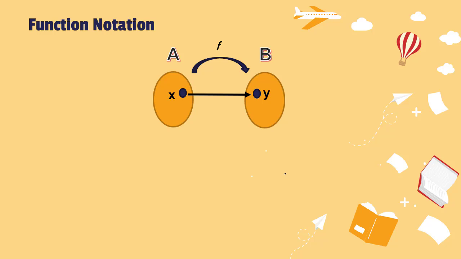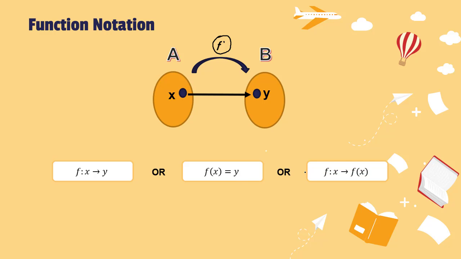If I have f function maps x element A to y element B, or we can write f function maps x to y, or f(x) is equal to y, or f maps x to f(x).